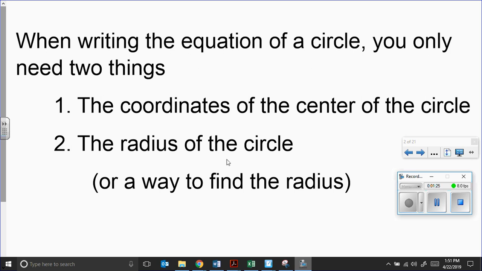They won't always give you the radius. Sometimes they'll give you the radius, sometimes the diameter, sometimes the area or circumference and you have to find the radius, or they'll give you another point on the circle and you have to figure out what the radius is. But at least let this guide you that some way you have to be able to figure out what the radius of the circle is.